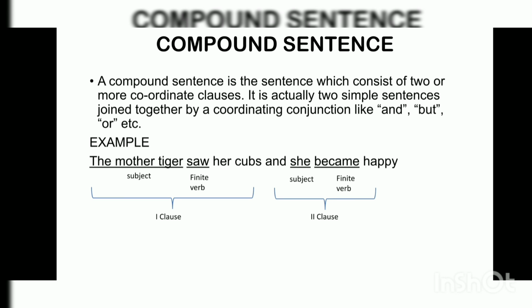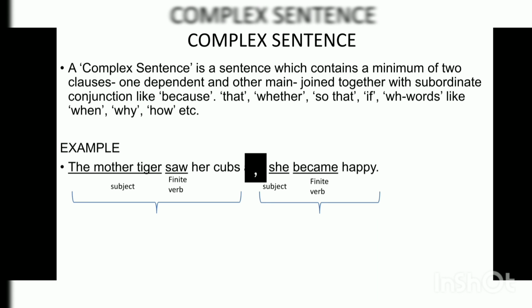So what is a complex sentence? A complex sentence is a sentence which consists of a minimum of two clauses, one dependent and the other joined together with a subordinating conjunction like because, that, whether, so, if, or WH words like why, when, where, how, etc. In this kind of sentence there are two clauses, but they are not connected with a coordinating conjunction.